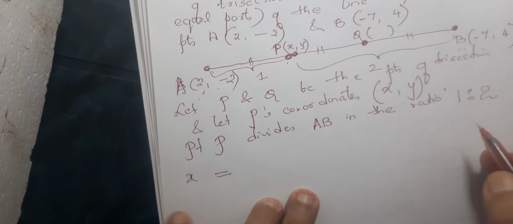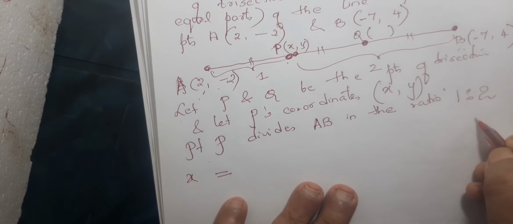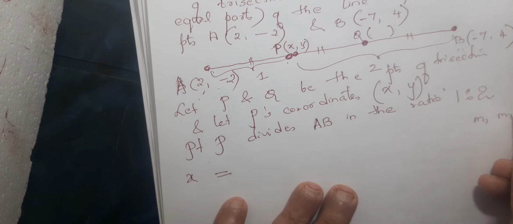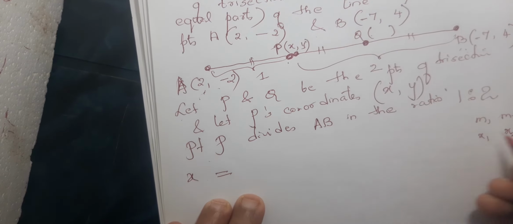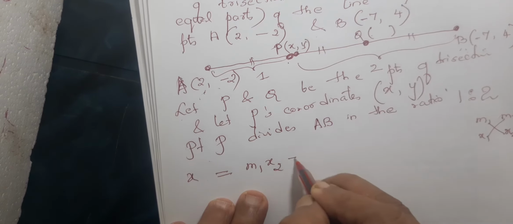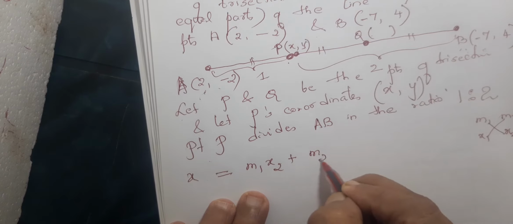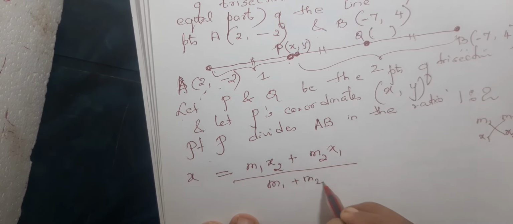How will I do it? I will write the ratio, m1, m2, x1, x2. So if I do that, then I will surely remember the formula: m1 x2 plus m2 x1 by m1 plus m2.